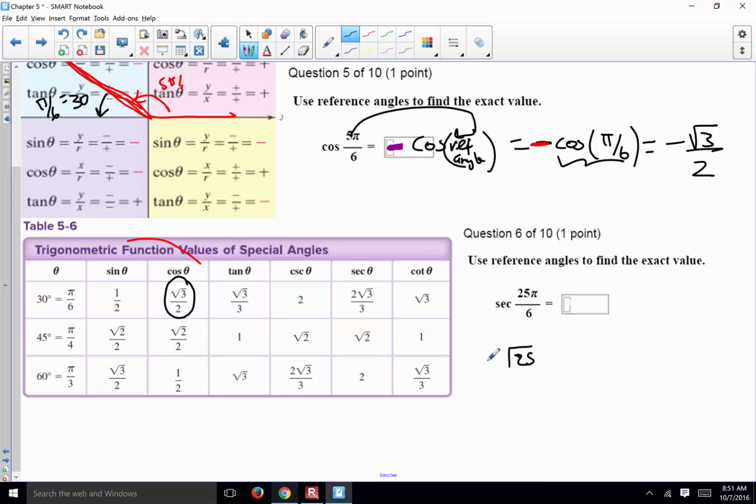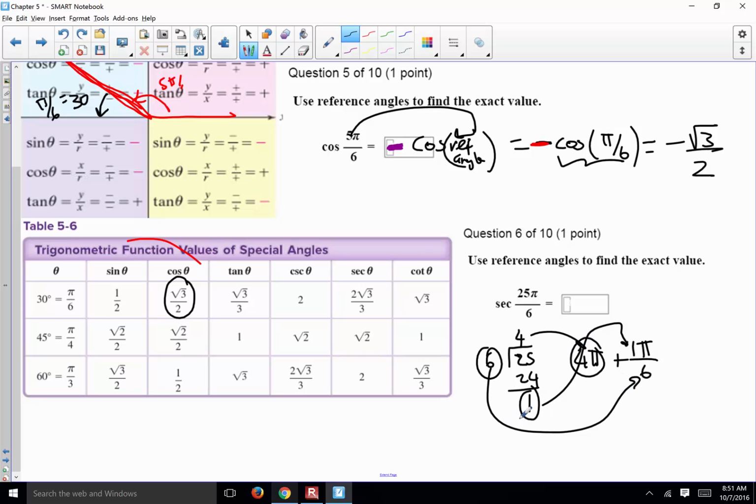Divide 25 by 6. How many 6s going in there? 4, 24, 1 left. So it is 1 over 6 pi, or pi over 6, more than 4 pi's. The leftover goes here, the divisor goes there, the quotient goes here. 4 pi plus pi over 6.